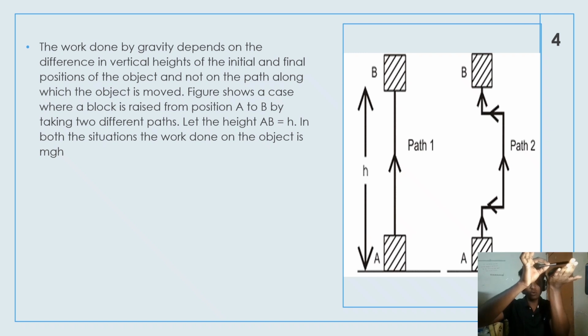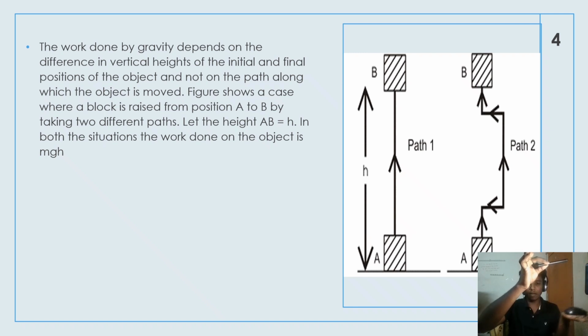I'm taking the mouse from its initial position to this position, let it be A. So I'm just vertically applying force and it reached there. And if instead of going vertically upwards, I go in a zigzag manner, it doesn't matter how I am going.